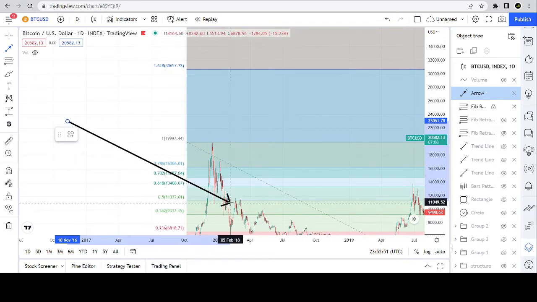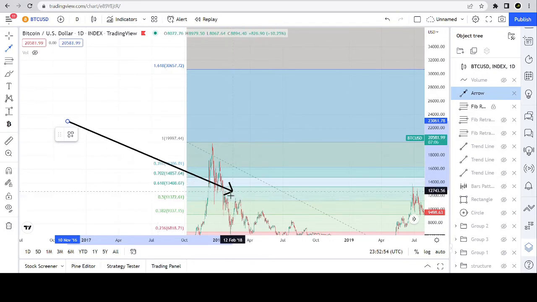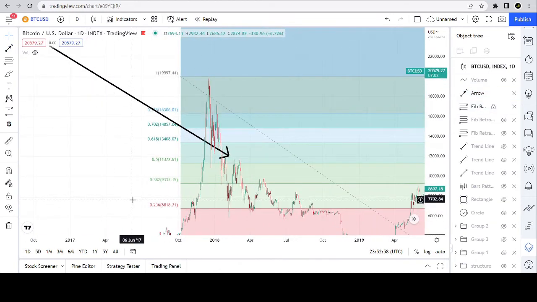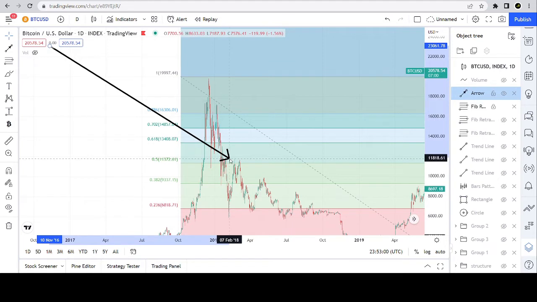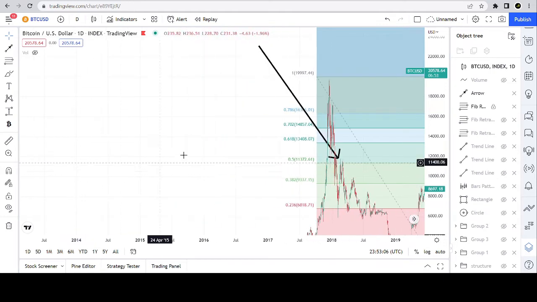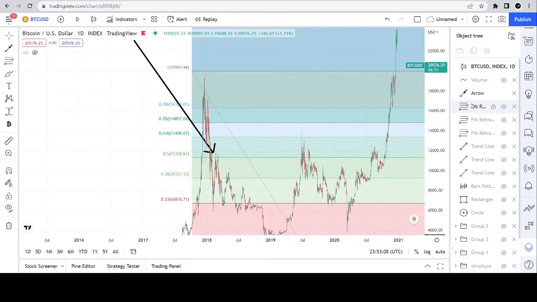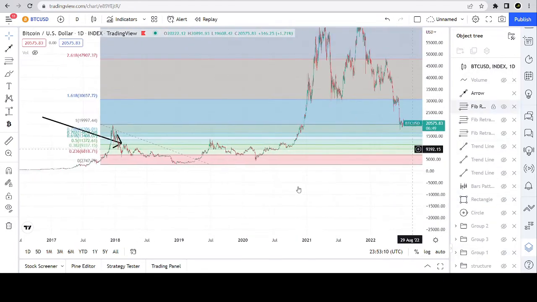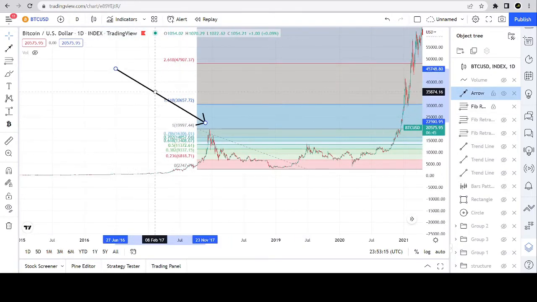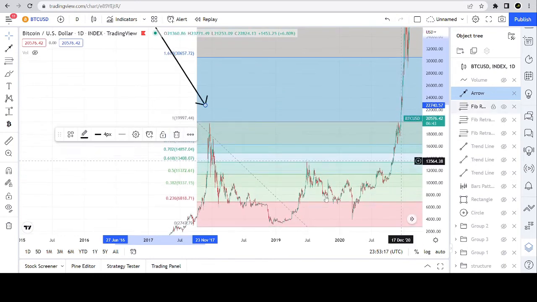And just like the other one, it has just a couple little almost wicks just poking up, just right above it. So we see this play appears to potentially have played out again. Will we now also see this bottom out right around this level? So let's put a line on here and see where this is.